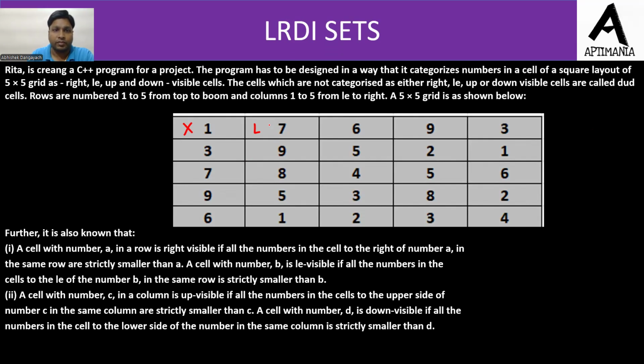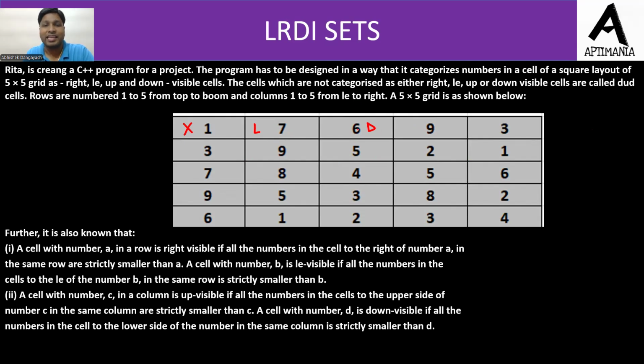Now 6, 6 is not left visible because we have 7 over there. Up visible it cannot be. Right visible is not because we have a 9 over here, which will stop it from being right visible. And down visible, yes, it is down visible. We don't have any number below 6 which is greater than 6 or even equal to 6, right? Sorry. So 6 is down visible.